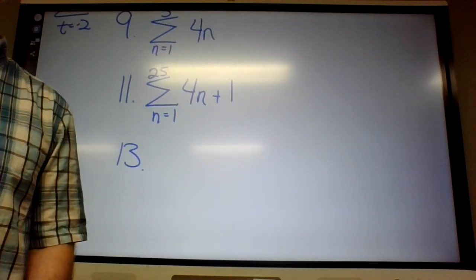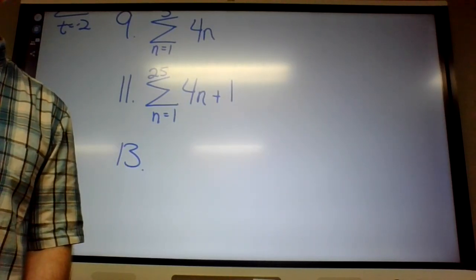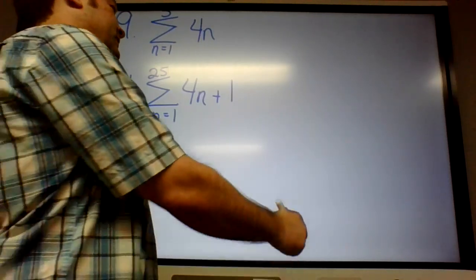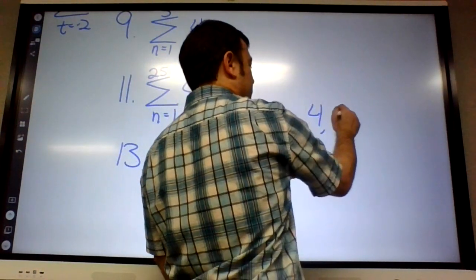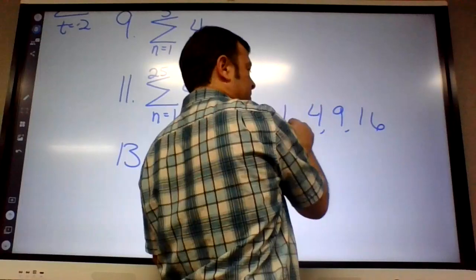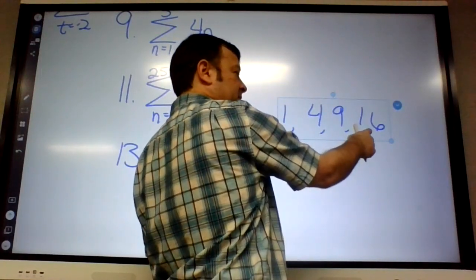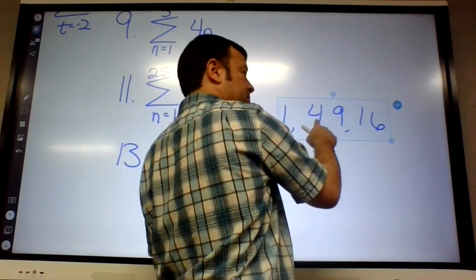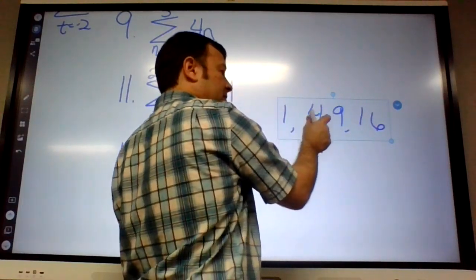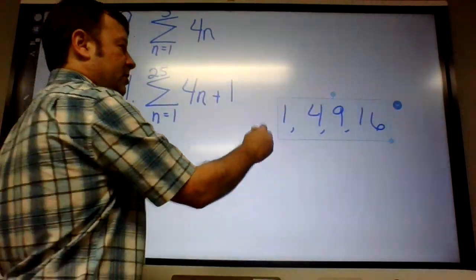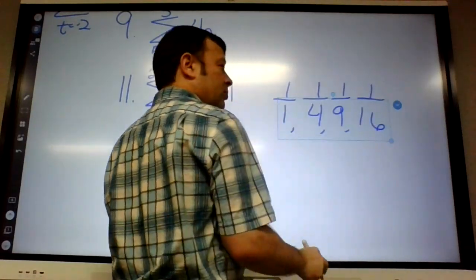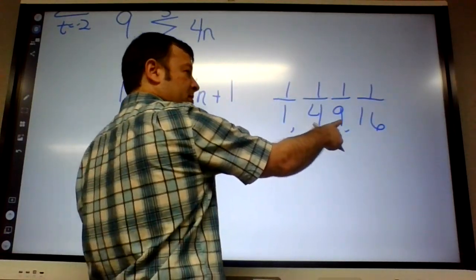Okay, on 13, what's the pattern? You guys remember 4, 9, 16? We've seen this a few times this chapter. What's the pattern with these? Square. Yeah, these are square numbers. 2 squared, 3 squared, 4 squared. But these are all in the denominator. So it'll be 1 over n squared.